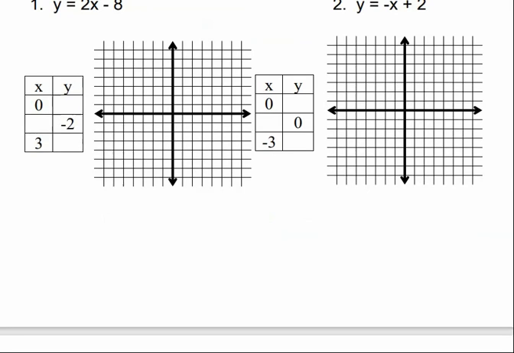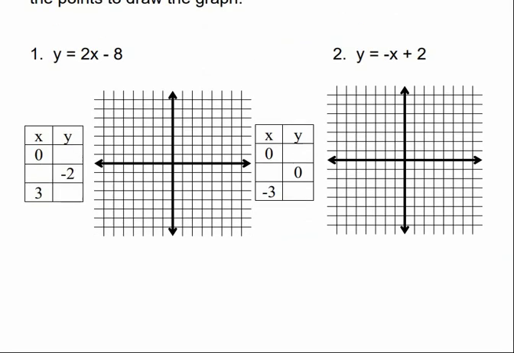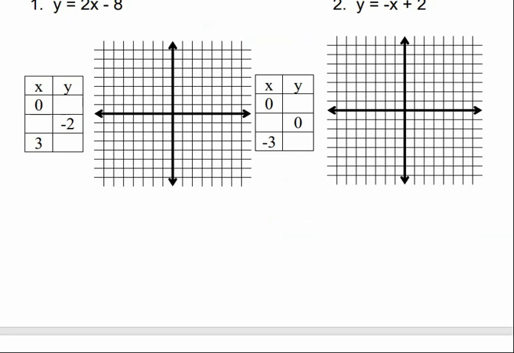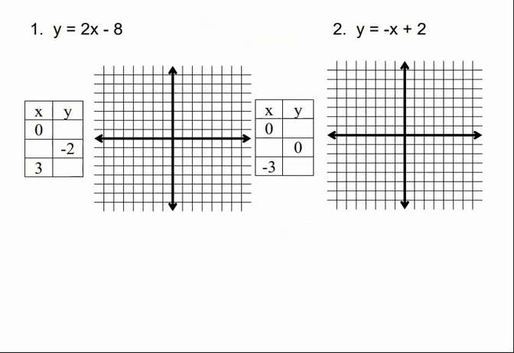All right, so let me make this fit a little better. Okay, so if I take this equation and I plug in 0 for x, well, 2 times 0 is just 0. So I get y equals -8. Okay, so that's what's going to go with that 0 for my x.